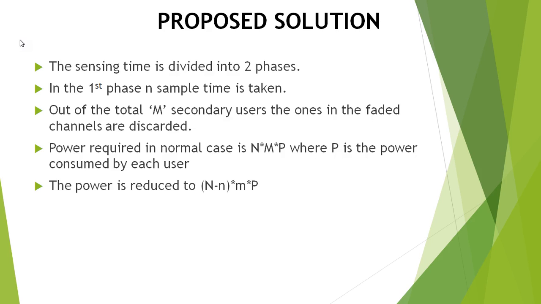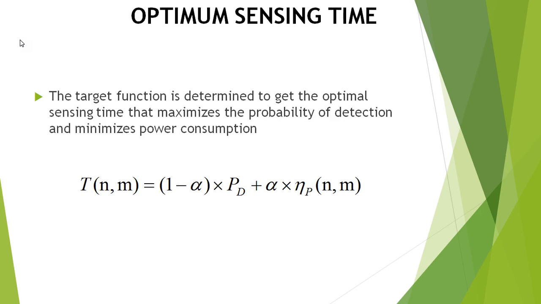So, from there, we can derive the optimum sensing time. We can derive a target function to determine the optimal sensing time that jointly maximizes the probability of detection and minimizes the power consumption under given parameters. As there is a trade-off between the probability of detection and power efficiency, we define the target function t as the mathematical expression shown in the slide.